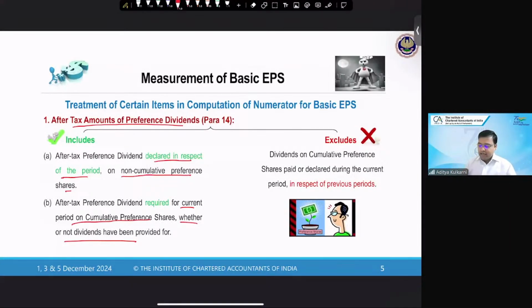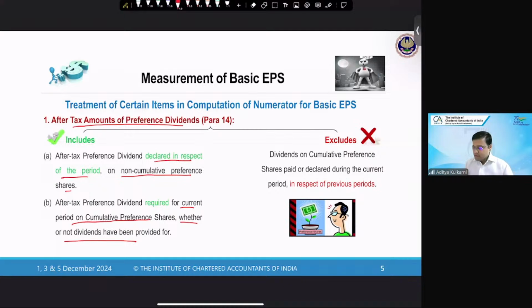So after tax amounts of preference dividend include preference dividend declared on non-cumulative preference shares, number one. Number two, preference dividend required for current period, whether declared or not, because the terms of the contract clearly indicate that year on year, the liability accrues. Whether you declare or not is immaterial.